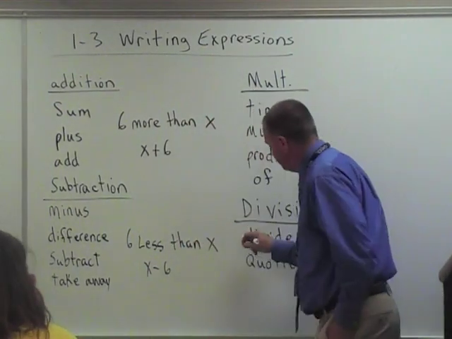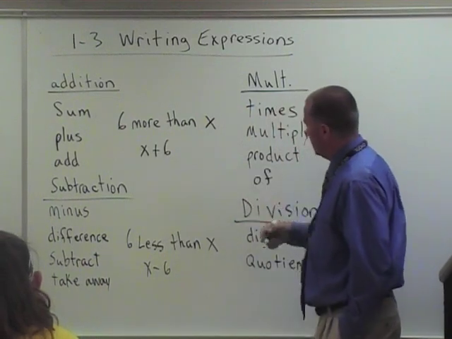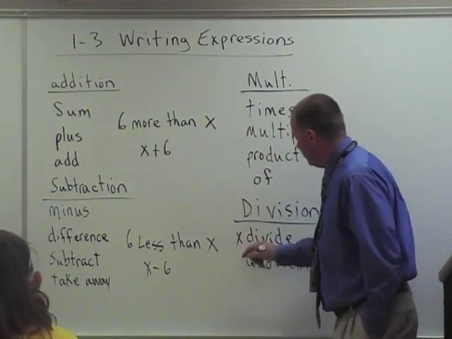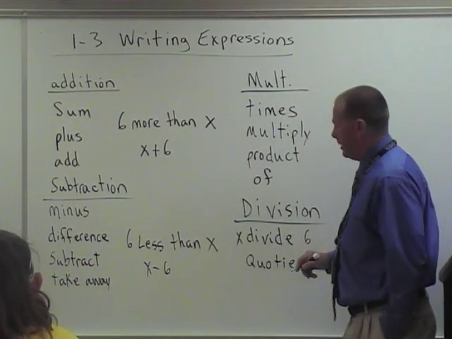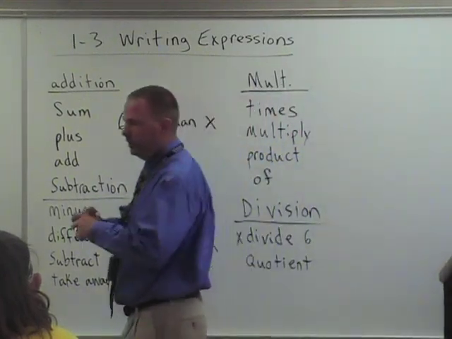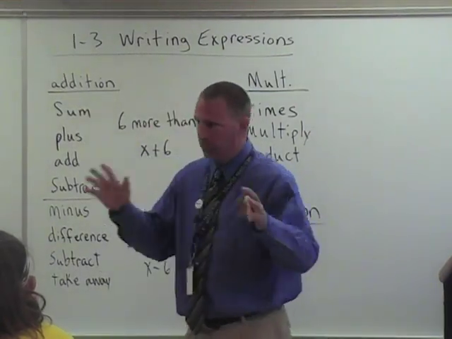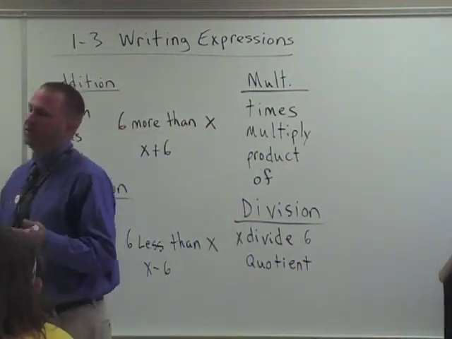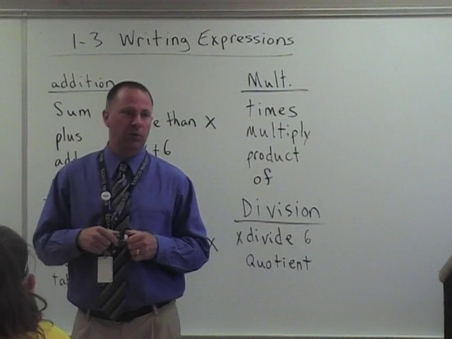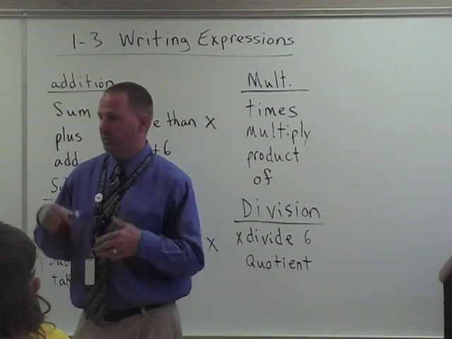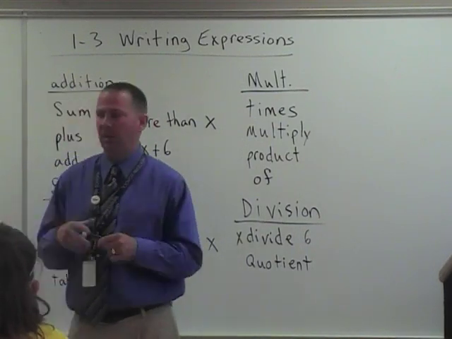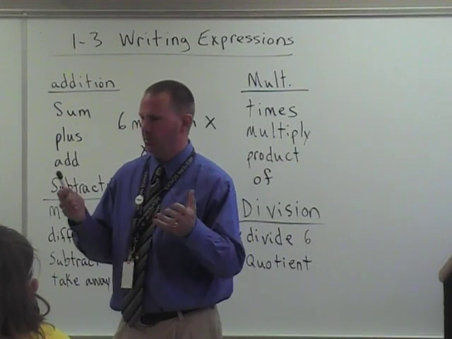But if I say, and I'm going to throw the examples in here as we do this, x divided by 6. How would you write that? Now, look, I don't want a division symbol. I want fractions. You're in Algebra 1 now. We don't use division symbols or x's for multiplication. We use dots for multiplication, and we write division as fractions, for the most part.